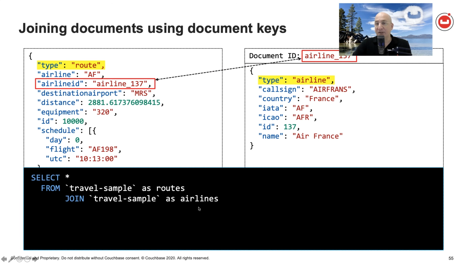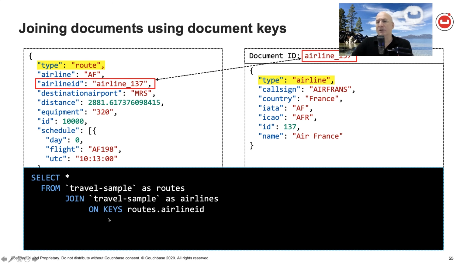Again, both sides are from the same bucket. Since we use the same bucket for the join, we need to give the sides different aliases. So the right side will have the alias airlines. Then we specify a special N1QL clause, ON KEYS.